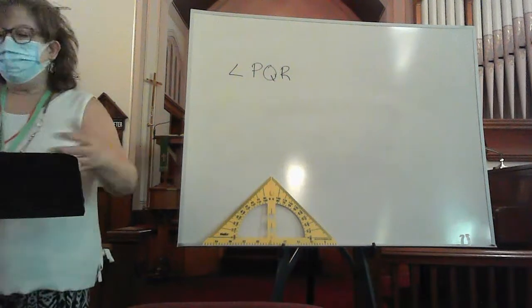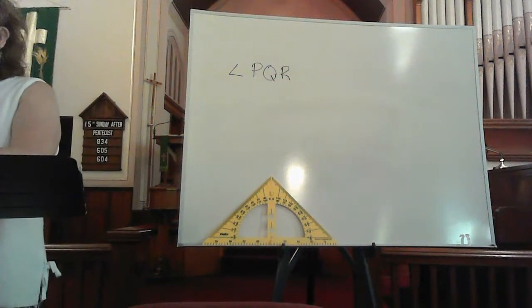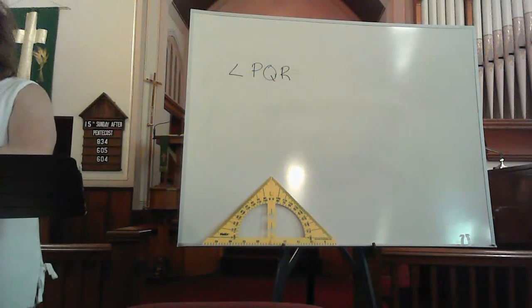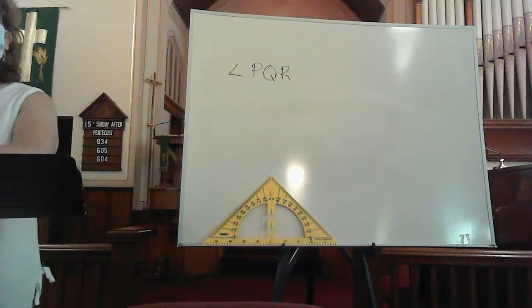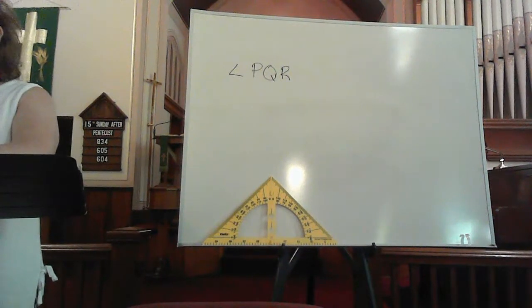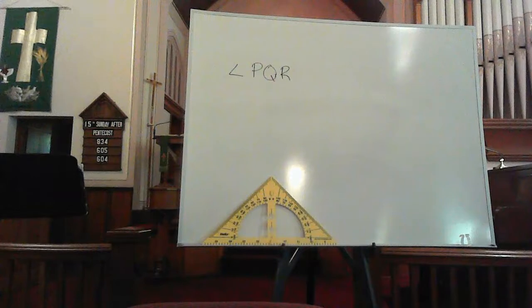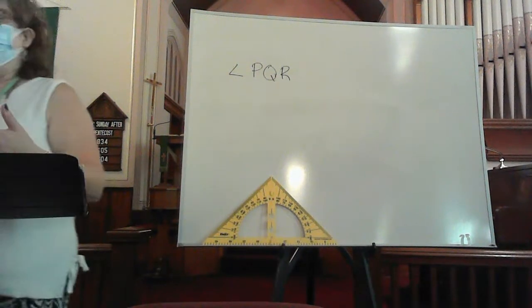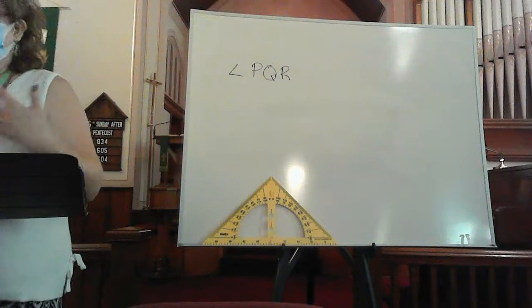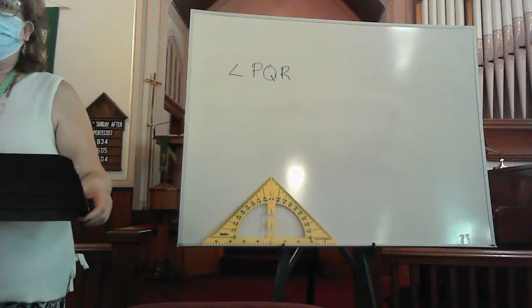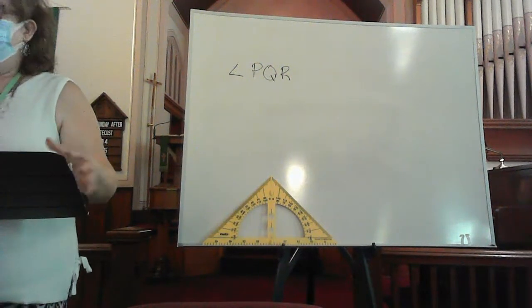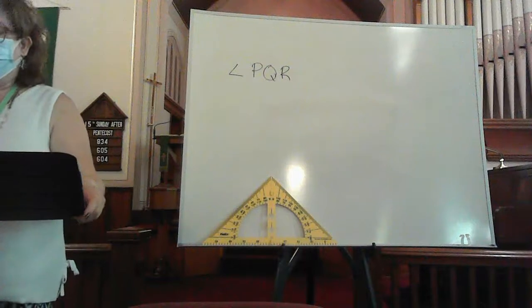Because you might tell me that PQS is equal to SQR, but Amelia might tell me RQS is equal to SQP. Two different people give it two different names, but they're both right. So just be aware of that. Make sure you're very clear in what you're writing so that it's a little easier for me to grade, but there can be multiple answers when you're talking about an angle.